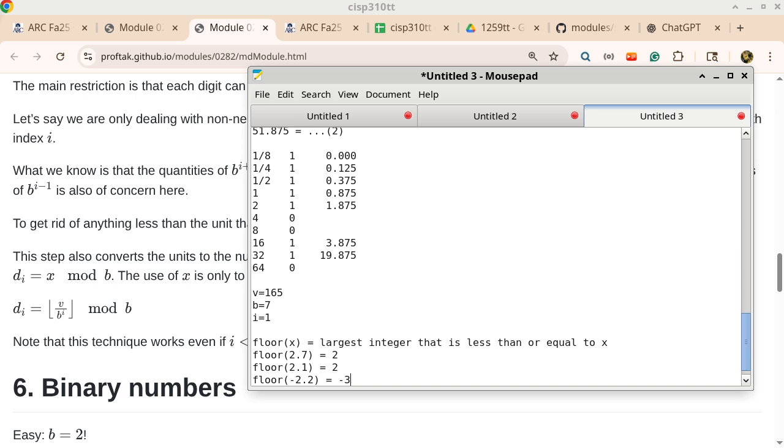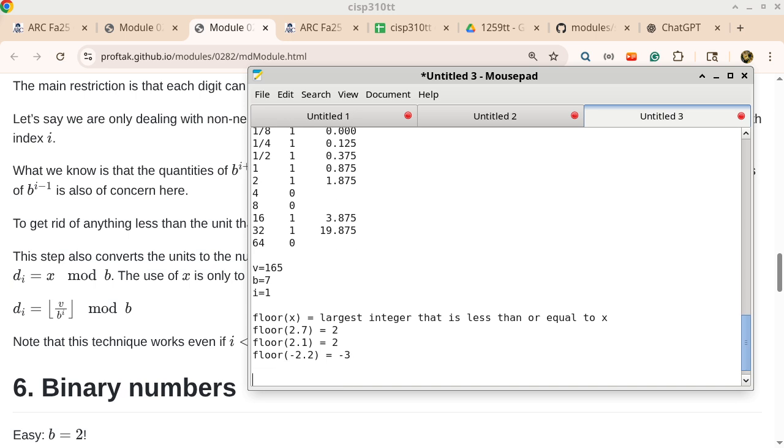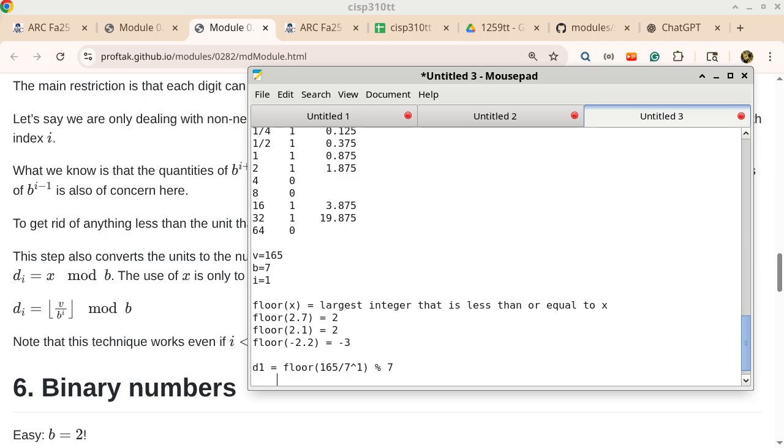All right. So now that we know what a floor is, let's plug in the numbers. In order to figure out what D1 is, we have to perform the floor operation of V, which is 165, divided by 7 raised to the power of 1, and then take the mod 7 of that whole thing.